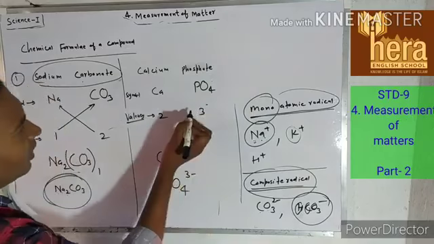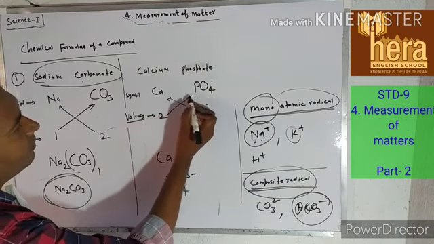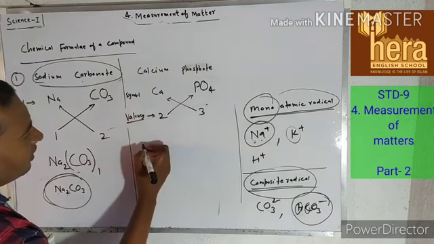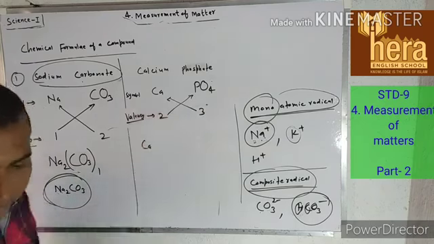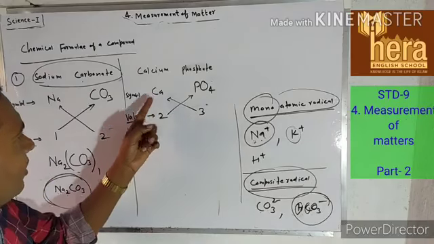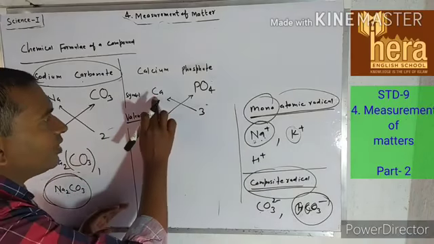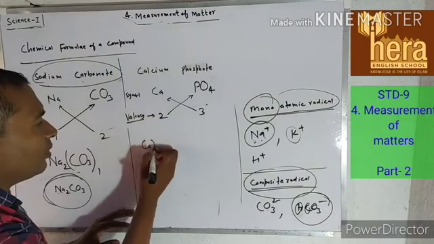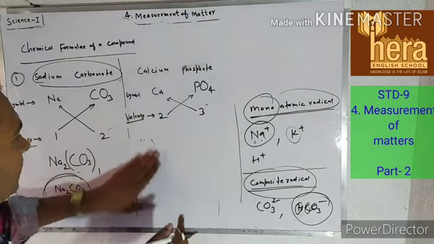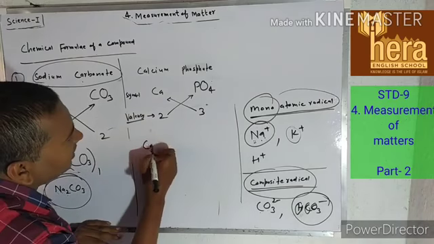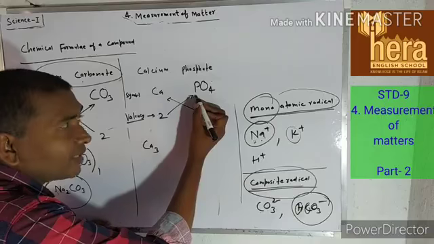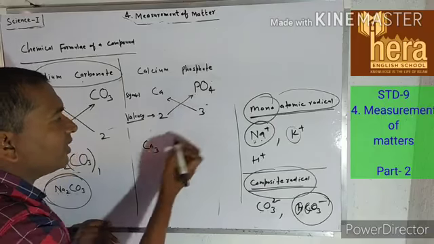So again cross multiplication. It will be Ca. Don't think, sir, there are 2 atoms here. No, Ca is the symbol of calcium, so don't put a bracket here. Ca3. Here more than 2 atoms are there, phosphorus and oxygen, so we will put a bracket.